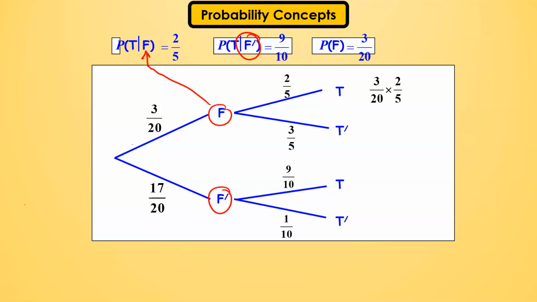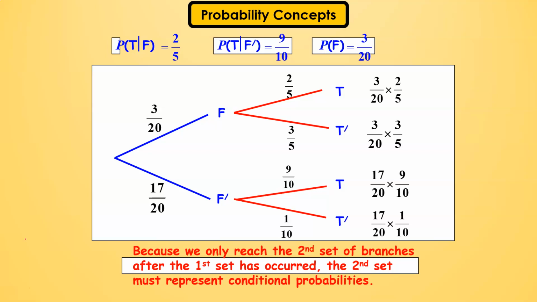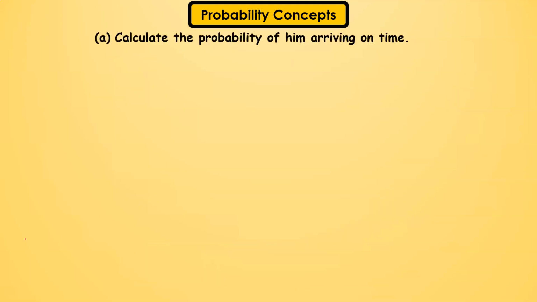And now we've got our probability tree. We can just multiply along the branches. And then, once we've multiplied the branches, we can work out our probabilities if we need to.